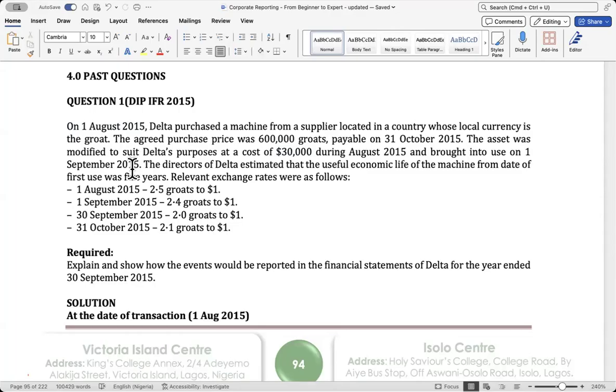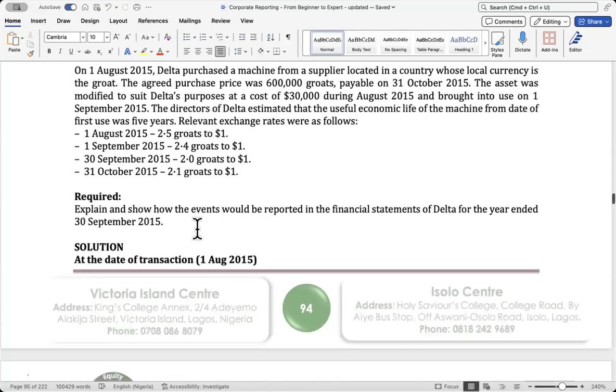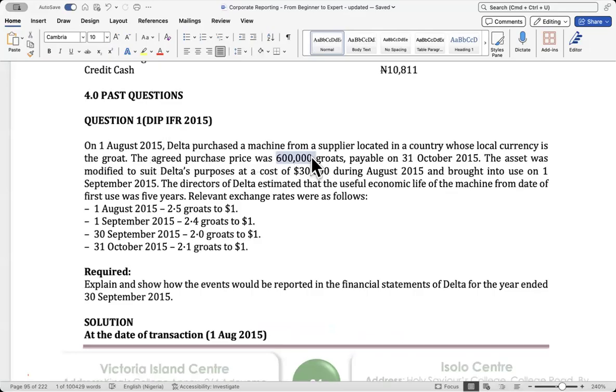Okay, good. Firstly, that means our functional currency is dollars as far as this is concerned, since the question told us the currency of the country is goat and they are telling us 2.5 to $1 and all of that. So our currency here is dollars. So at the date of the transaction, we need to translate or convert this 600,000 to dollars using these rates.